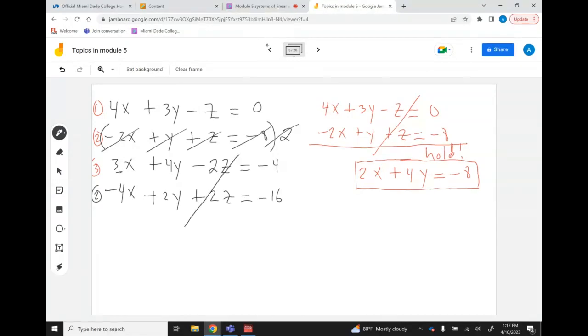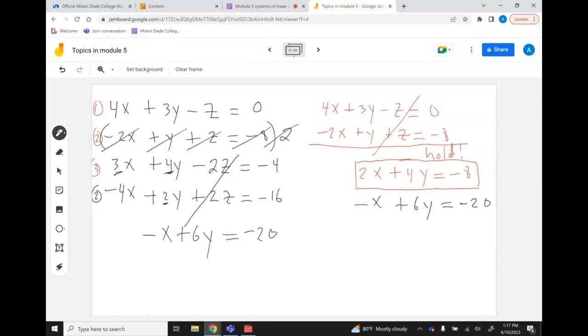So what's left? 3x minus 4x is negative x. 4y plus 2y is 6y equals negative 16 added to negative 4, which is negative 20. So now these are the two equations that I'm left with after I've done all of that.